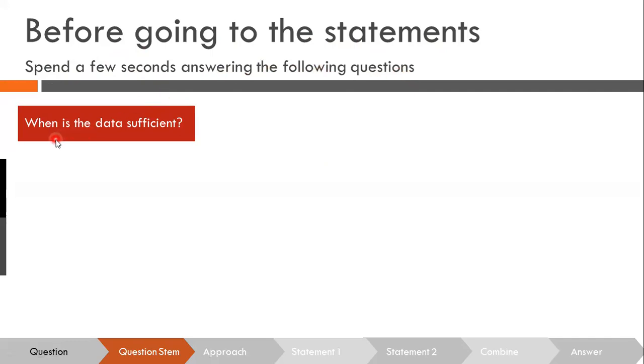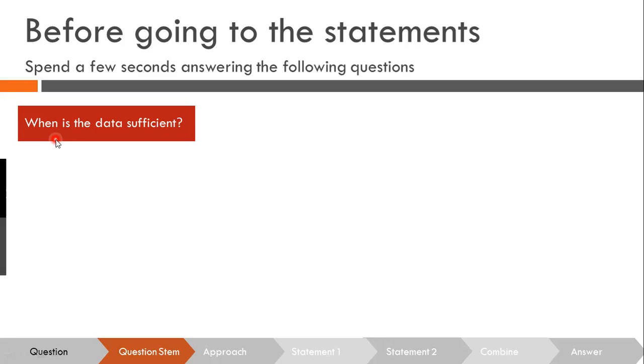When is the data sufficient? Can you think about this sufficiency? If you look at the problem once again, we are looking for the remainder when any number x is divided by 6. So what is the remainder?